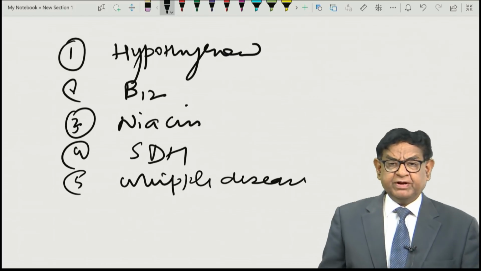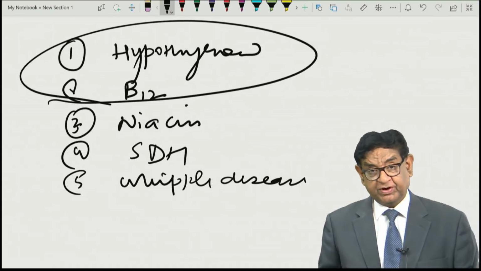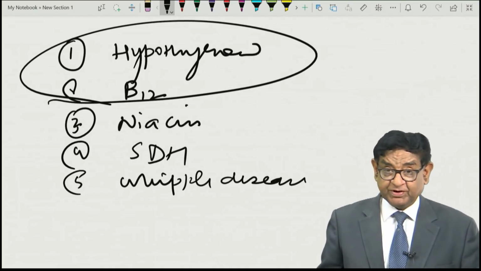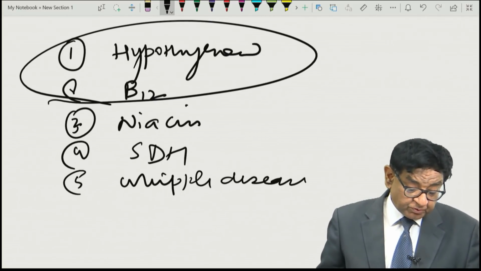They are very, very important causes of reversible dementia. Out of these, there are 2 you can't afford to forget. Forgetting these 2 names is a big crime. That's a very frequently asked question. Okay? So I hope you are clear about question number 142.